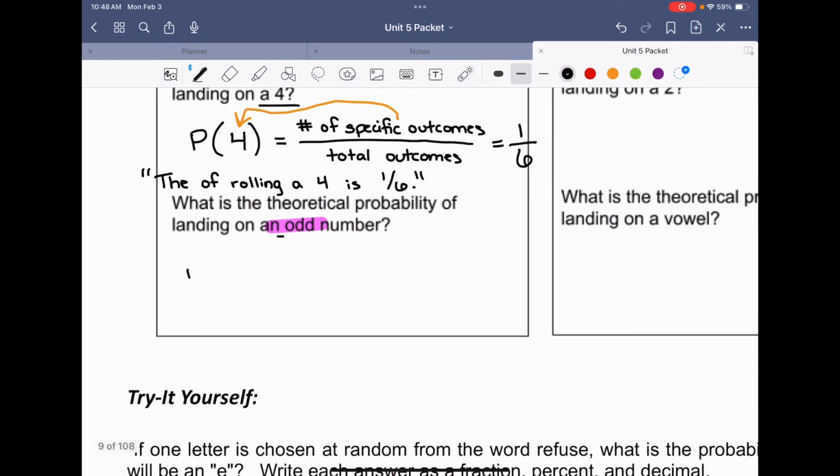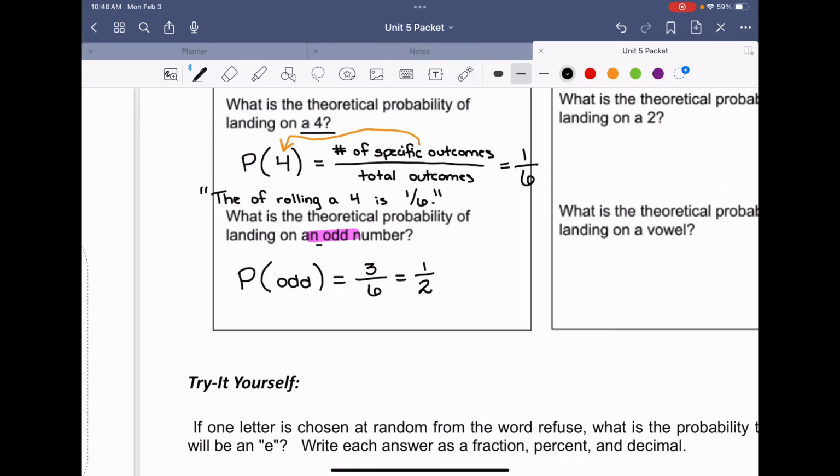So I'm going to say probability of an odd number equals, well, on a die, we've got 1, 3, and 5. Those are odd numbers. So those are 3 options out of 6. I'm always going to simplify the fraction. So 3 out of 6 is 1/2.